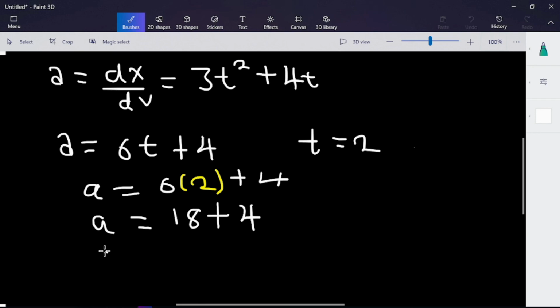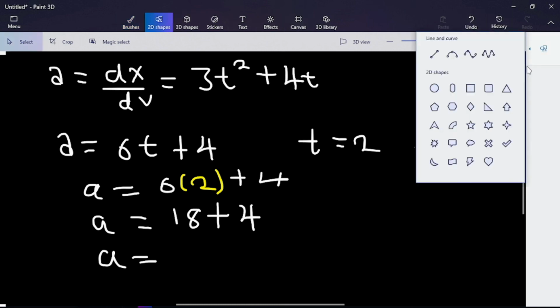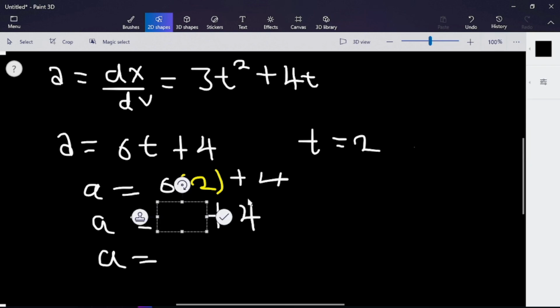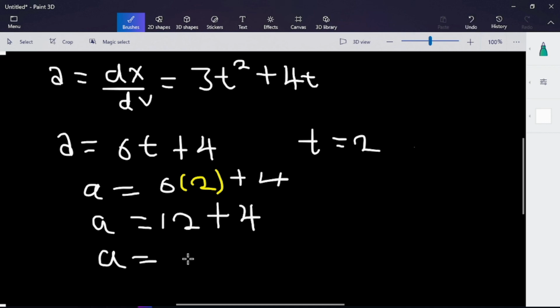so our a is going to be 12 plus 4. This should have been a 12. And 12 plus 4 is 16 meters per second squared.